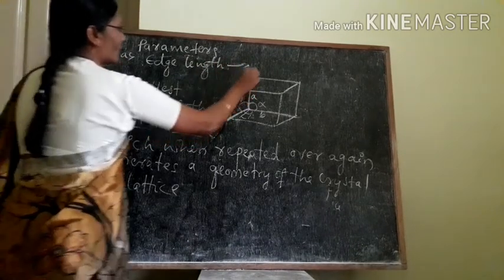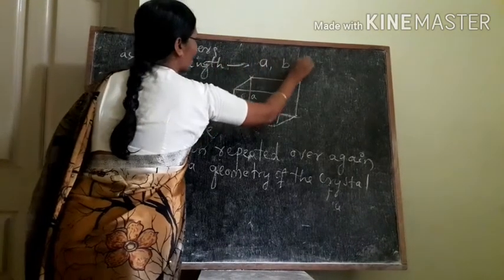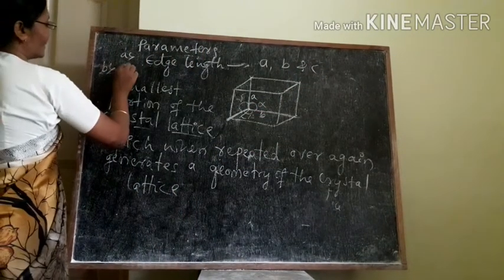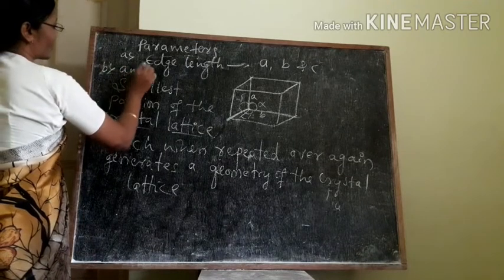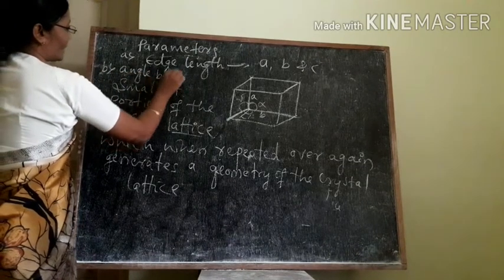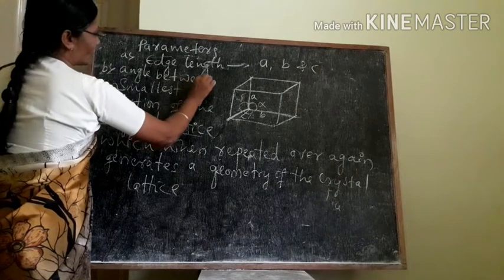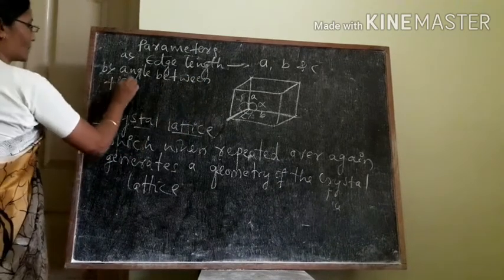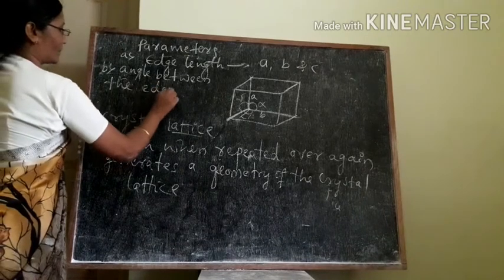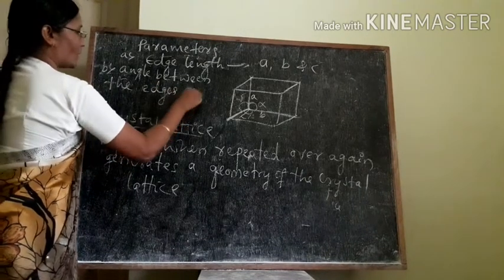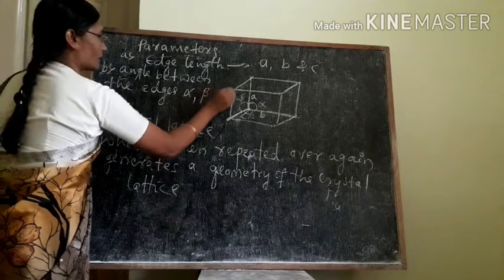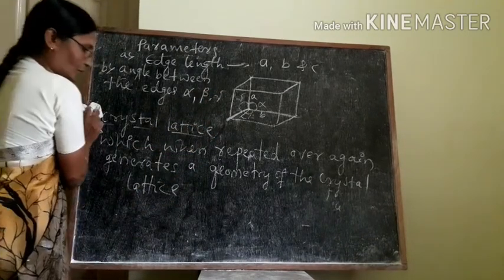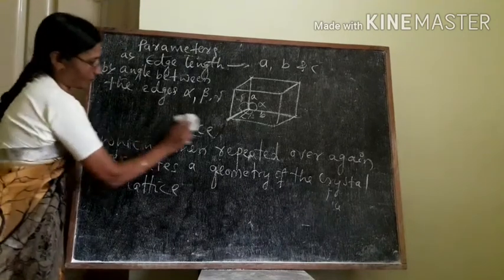They are denoted by symbols A, B and C. Second is angle between the edges. The angles are denoted by alpha, beta and gamma. Okay, so this is somewhat important.